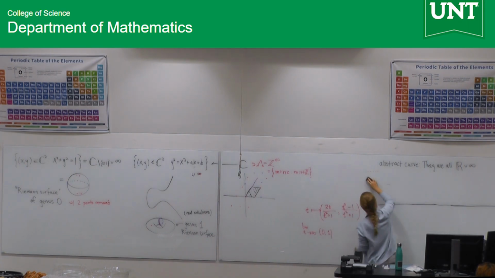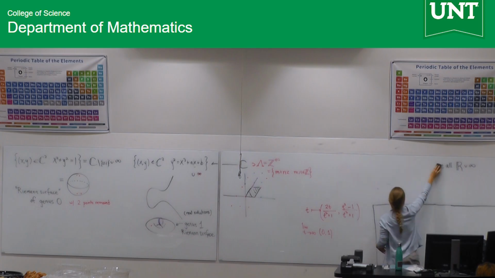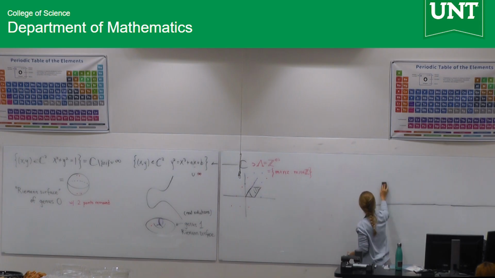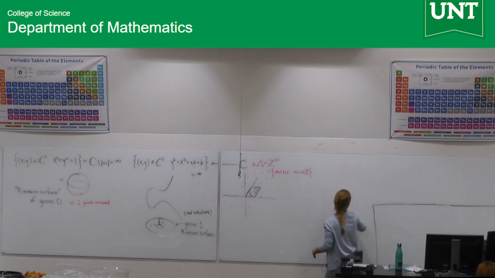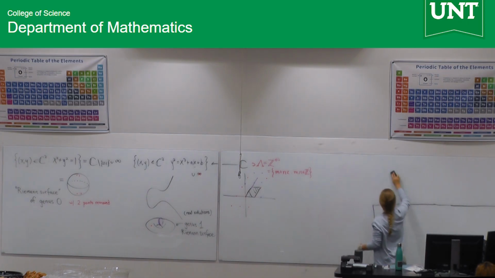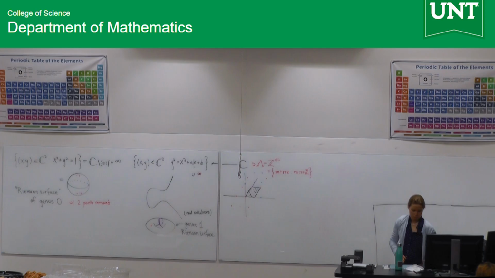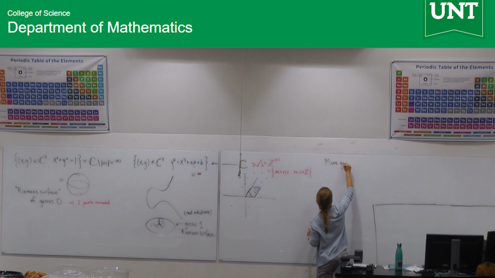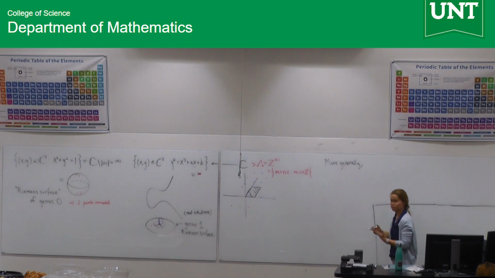It turns out it's a one-dimensional moduli space. And more generally, there are Riemann surfaces of every genus.